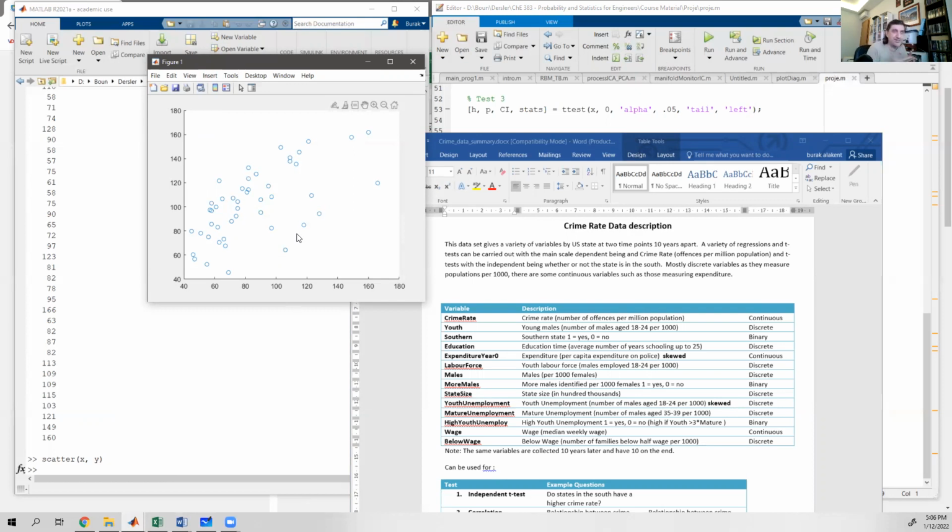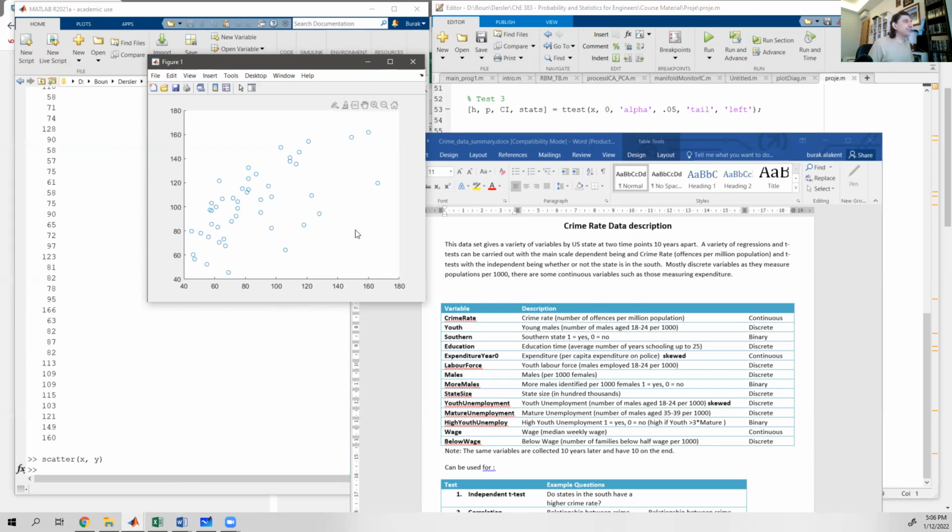Like, for instance, there are some economical issues, some cultural issues, whatever, which both result in high crime rate and high police investment kind of thing, which are related to other branches of science, which of course we are not going to go into.